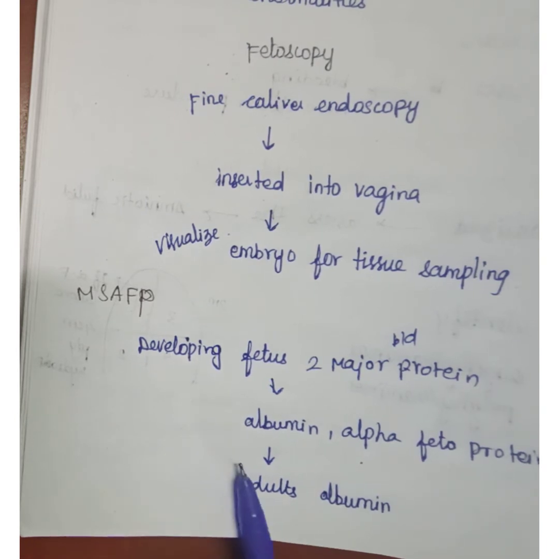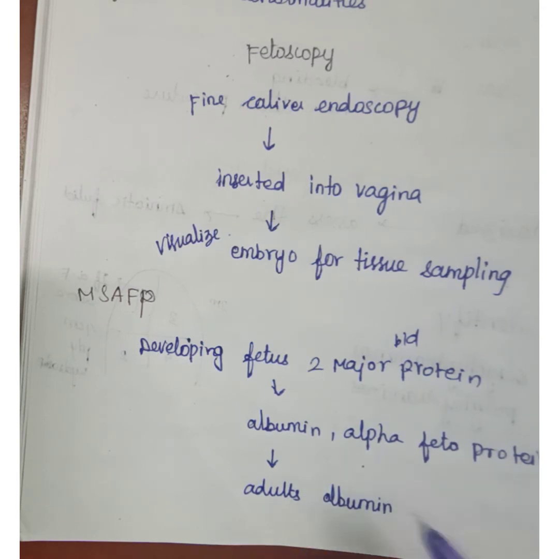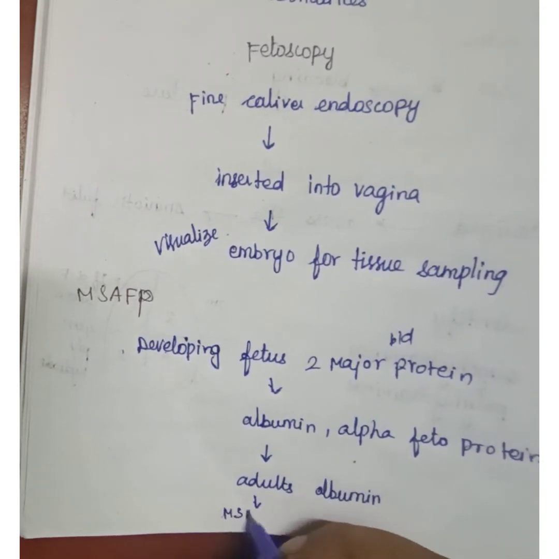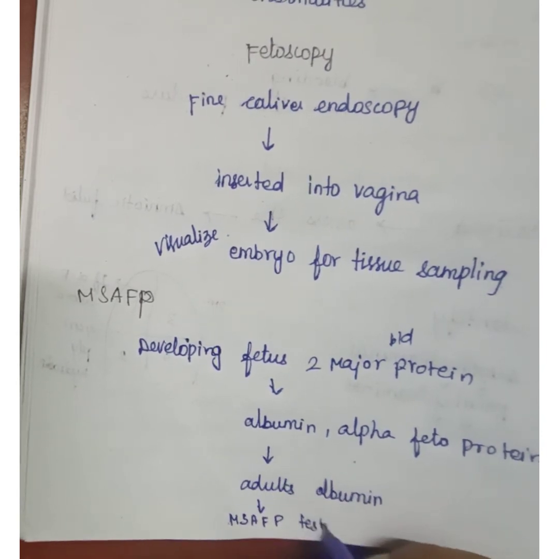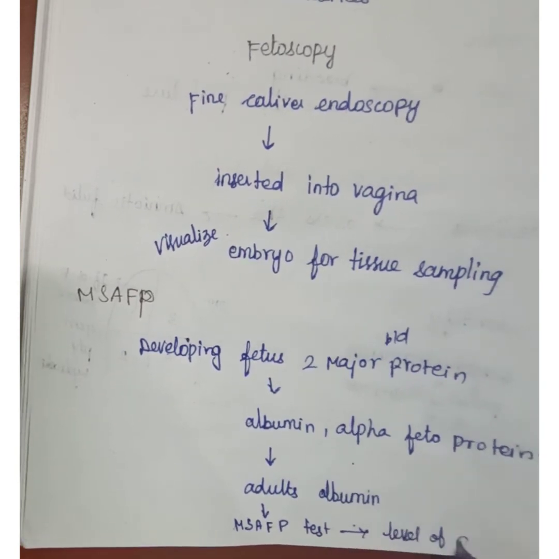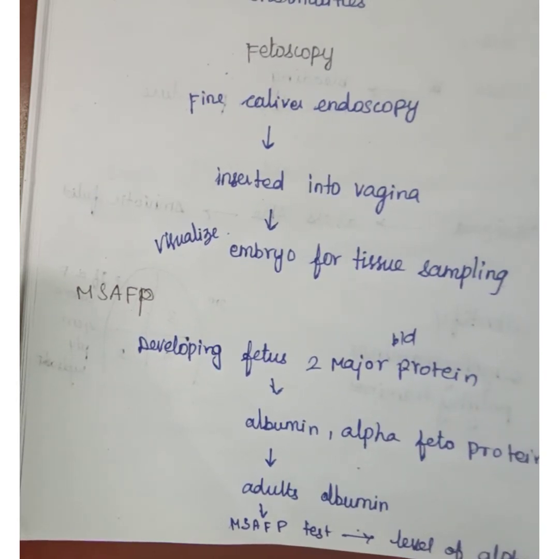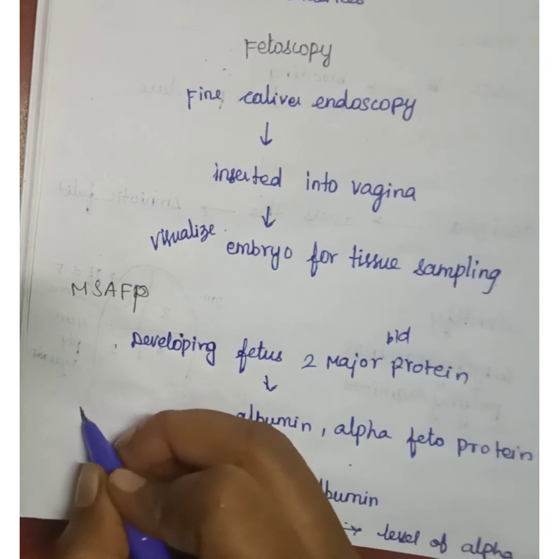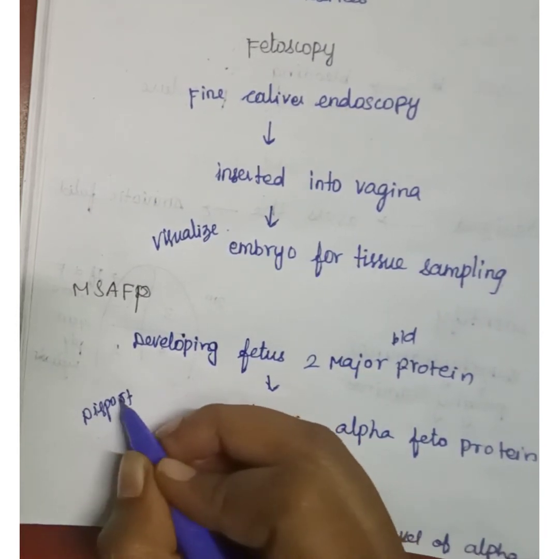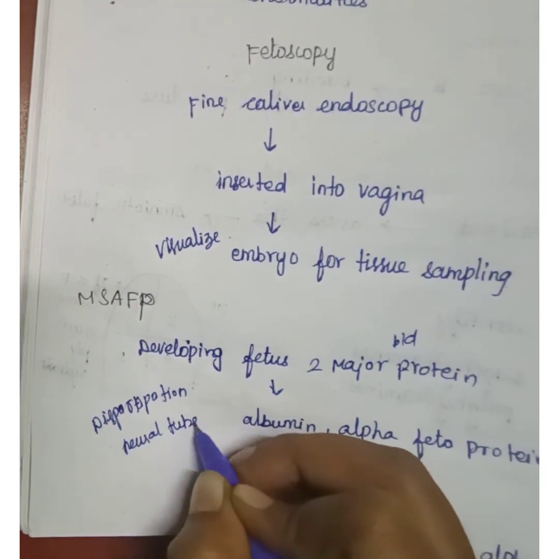Adults typically have only albumin in their blood. The maternal serum alpha fetoprotein test can be utilized to determine the level of alpha fetoprotein from the fetus. If the alpha fetoprotein level is abnormal, it leads to neural tube defect.